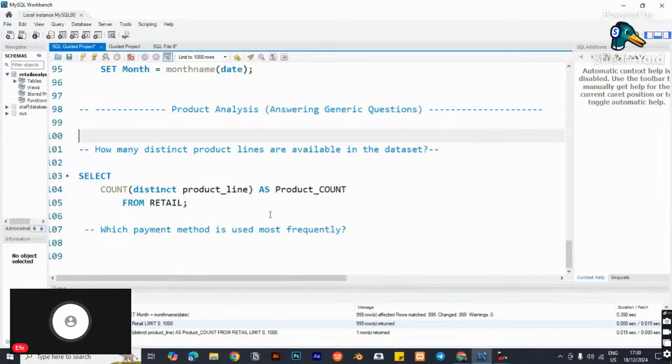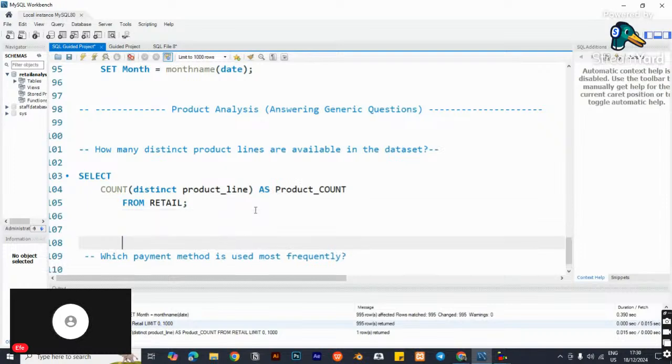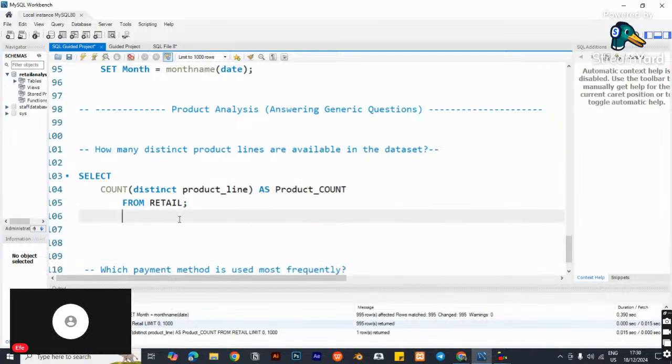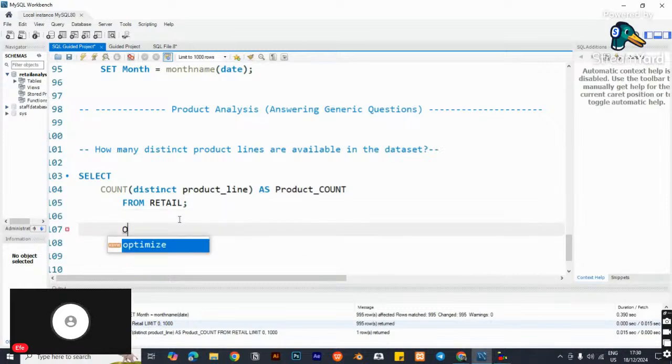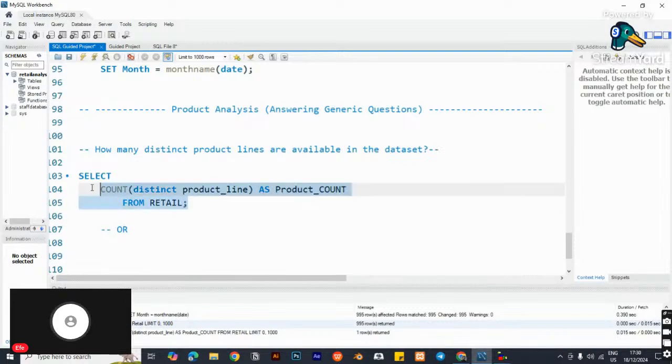Before I proceed, another way to do this is to make use of the keyword. We have different methods to answer this question. How many distinct products? We can copy this.